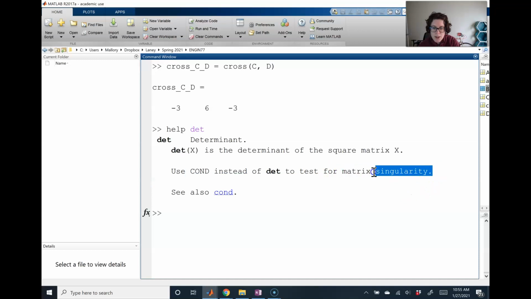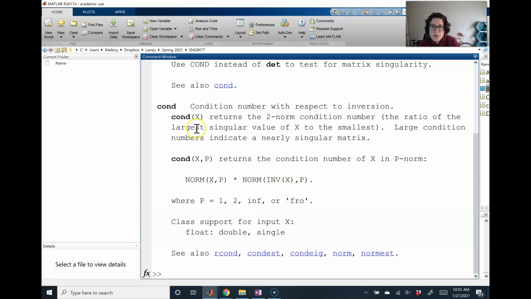So if you want to figure out if a matrix is singular, you can use COND, which gives you the condition number with respect to inversion, which for those of you who have taken linear algebra, right on, you can do this. But those of you who have no idea what this means, don't worry about it. It doesn't really apply to this class.